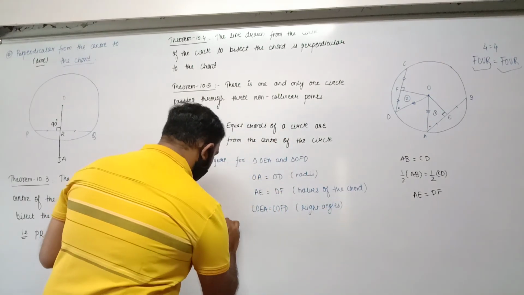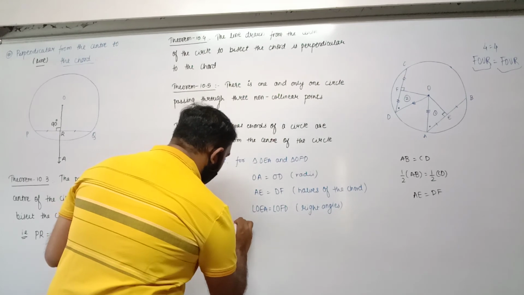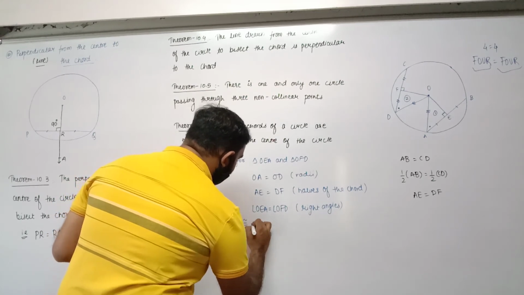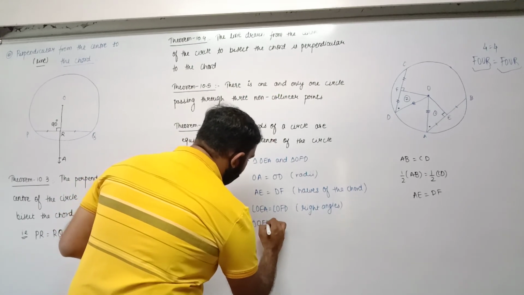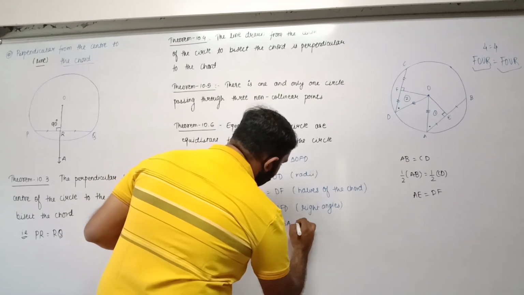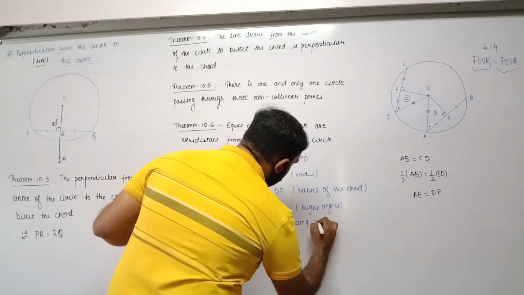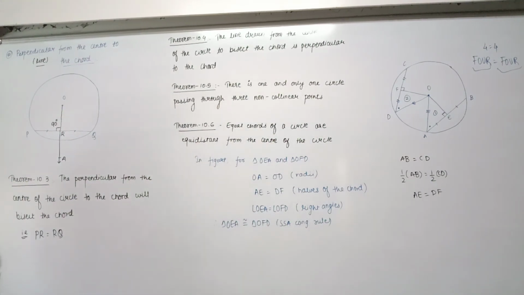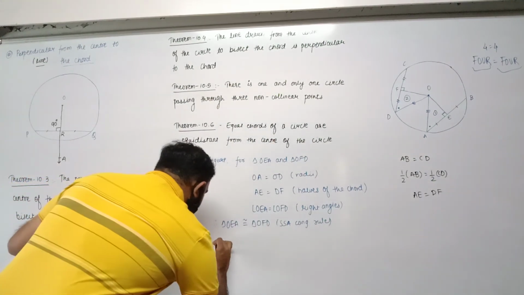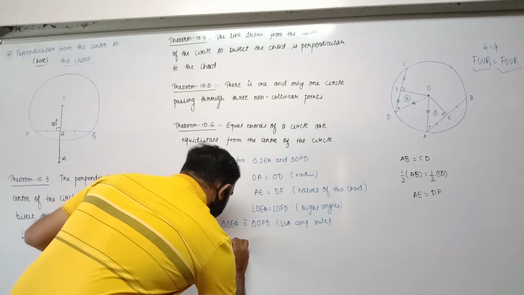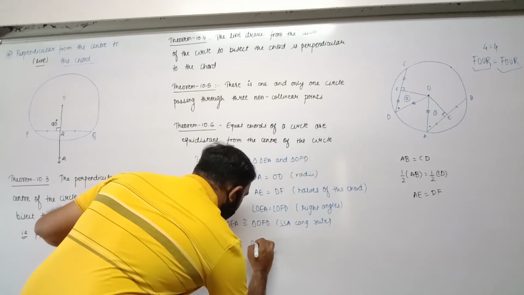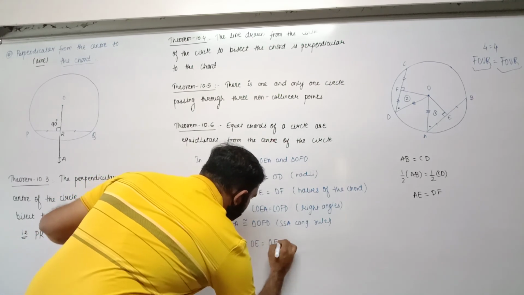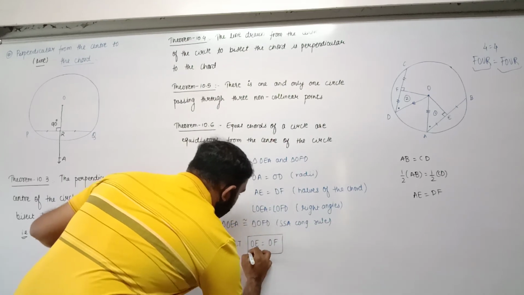Therefore, triangle OEA is congruent to triangle OFD by the SSA congruence rule. And if this congruence rule is true, then by CPCT OE equals OF.